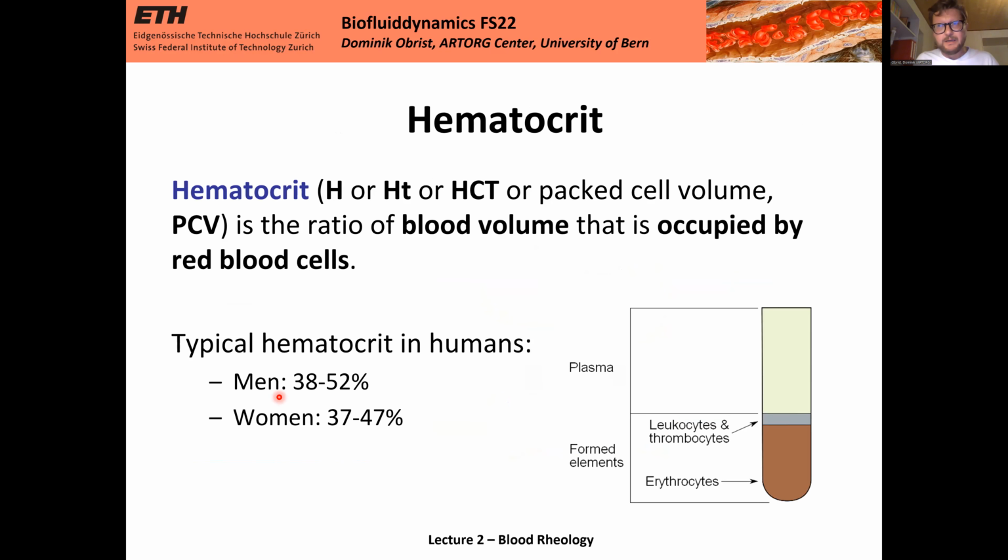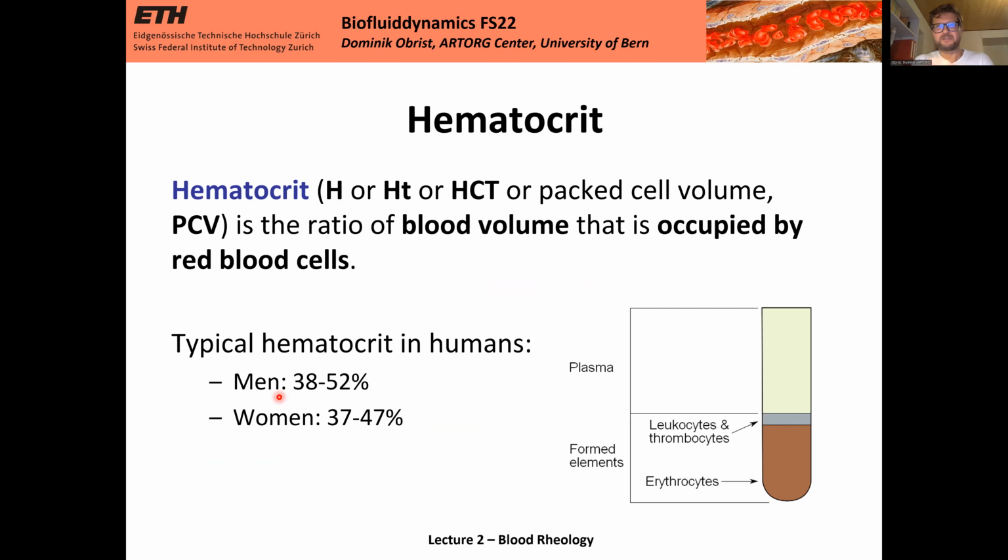Okay, so much about red blood cells. There's one definition we need to set, because it's an important one in this context, and it's the one of the hematocrit. Most of you will already know what it is, but let me define it properly. Hematocrit is the ratio of blood volume that is occupied by red blood cells.